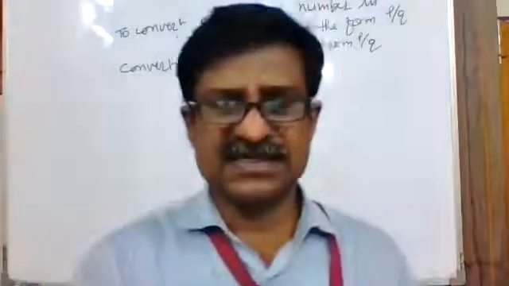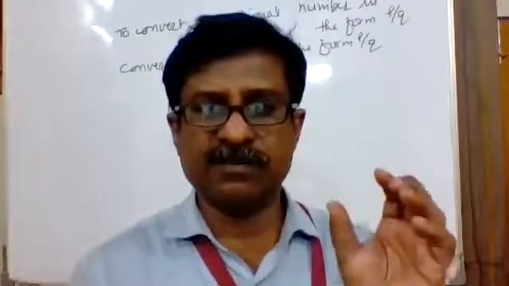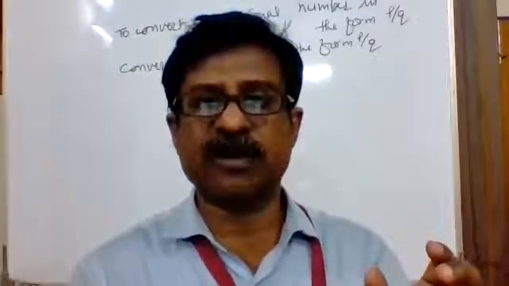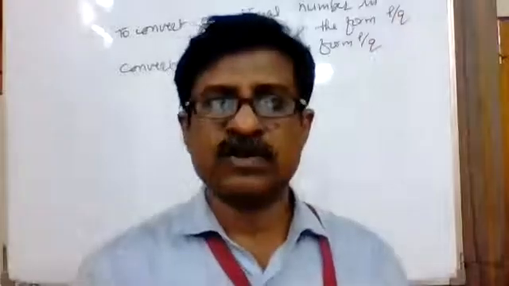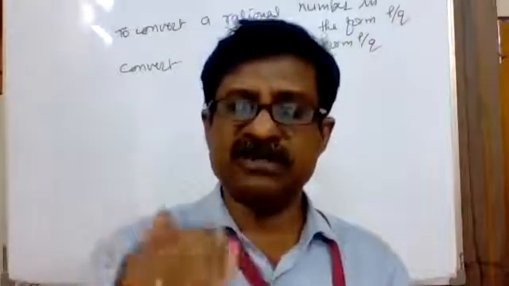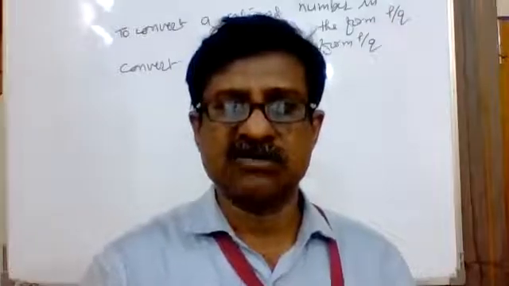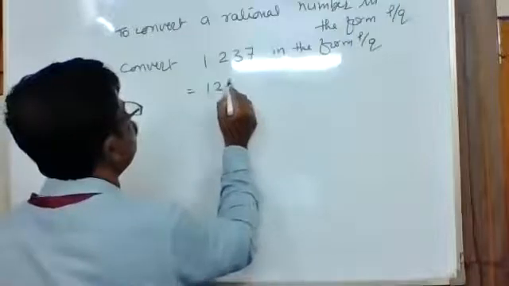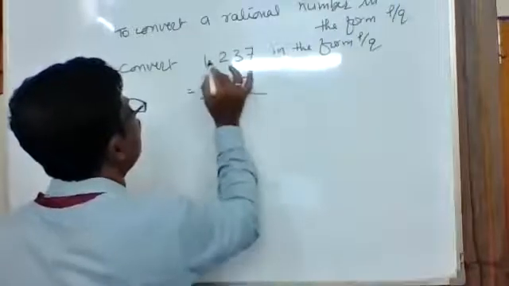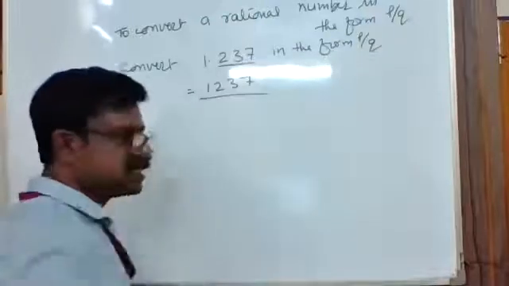That means this is a terminating decimal. And we know that the numbers which are terminating decimals are said to be rational numbers. To convert this type of question, which you have learned in lower classes, in class 8 as well as in class 9, what you have done? We just write the number 1237, and after that we see after the decimal how many digits are there.